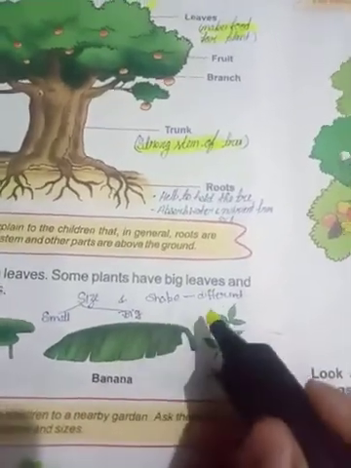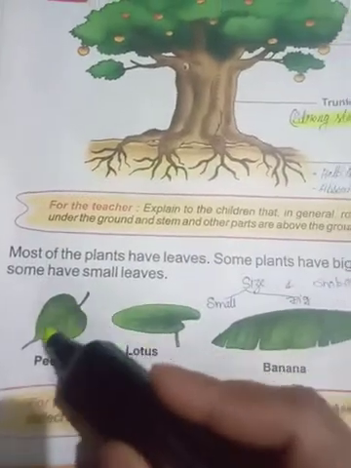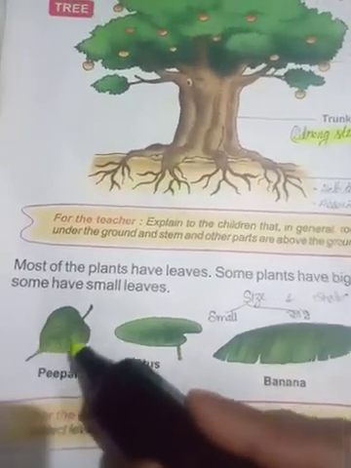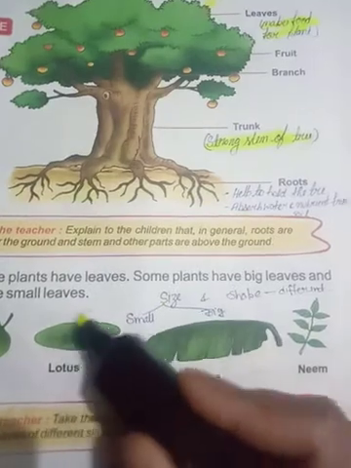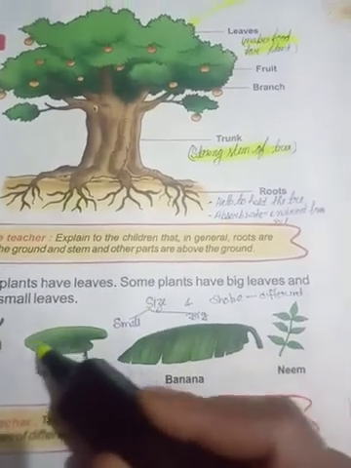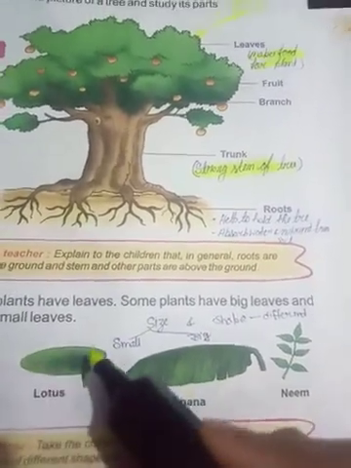And shape is also different. Here you can see its shape. It is a little bit heart shaped. Then lotus, mostly an oval shape.